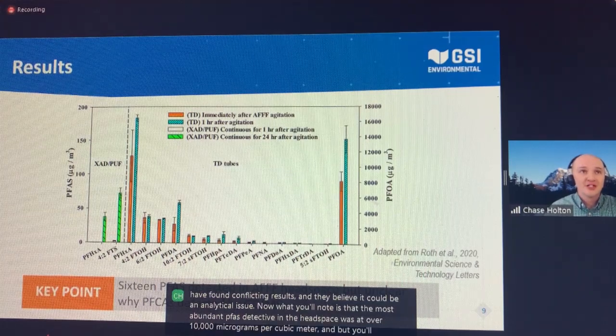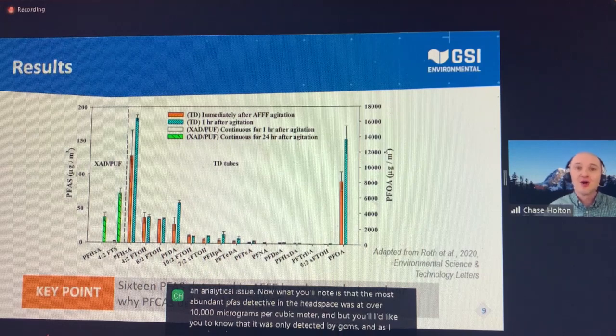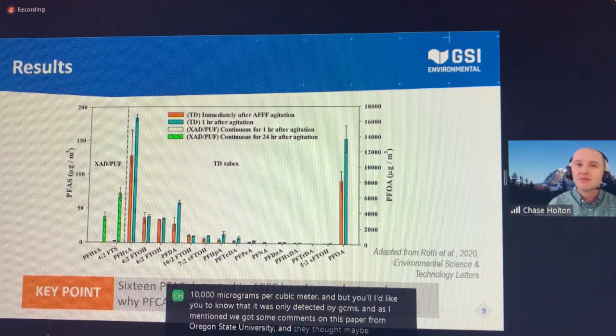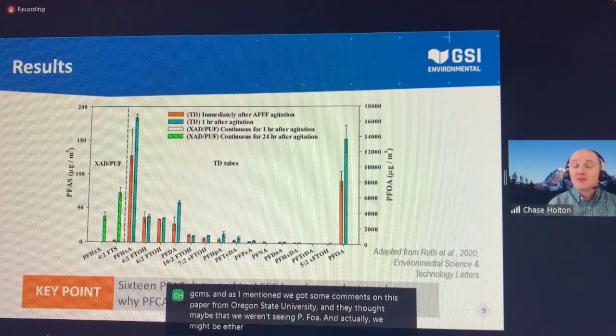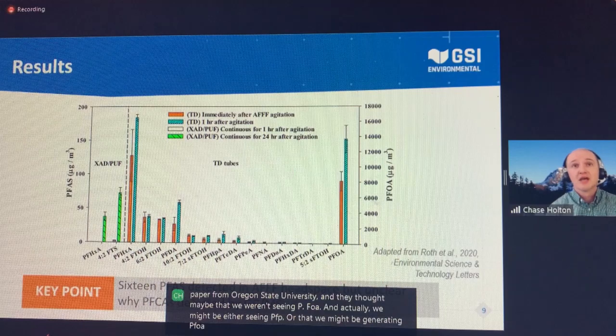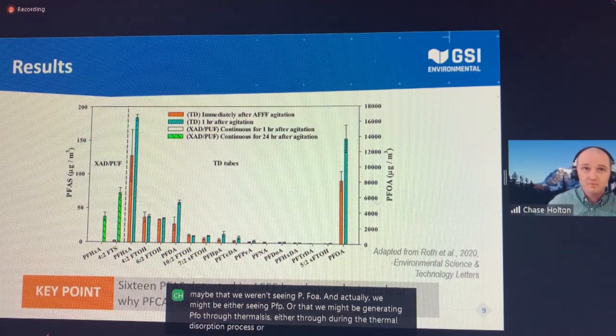But I'd like you to note that it was only detected by GCMS. As I mentioned, we got some comments on this paper from Oregon State University, and they thought maybe we weren't seeing PFOA, and actually we might be either seeing PFHP or generating PFOA through thermolysis, either during the thermal desorption process or at the GC inlet.